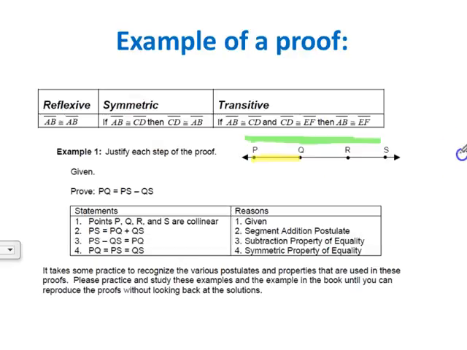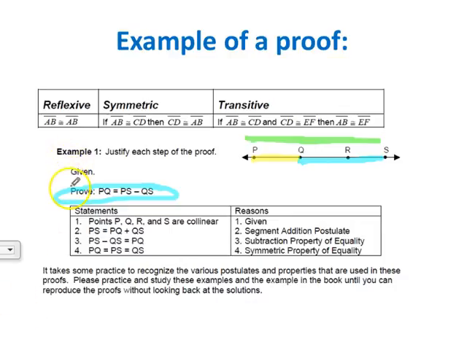Which one is QS? From here to here. So if we were to take segment PS and subtract QS, we would get the length of QP. So we want to prove this.